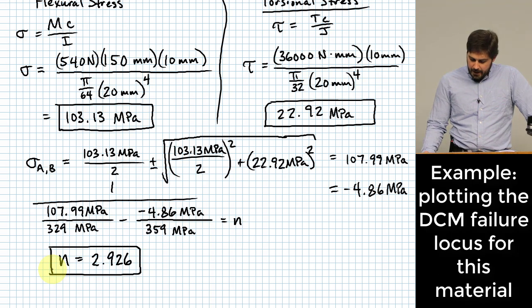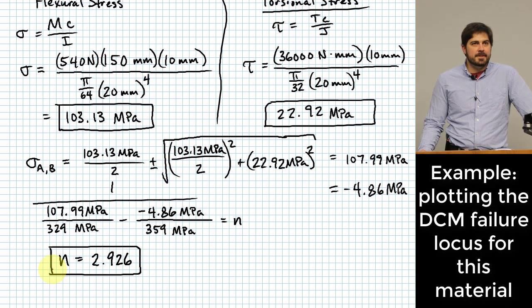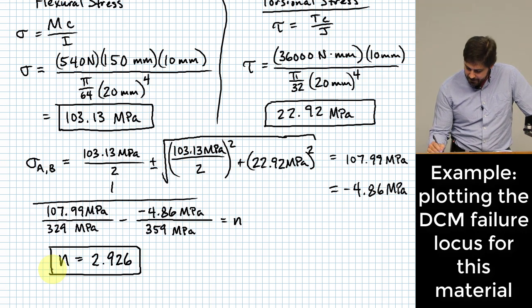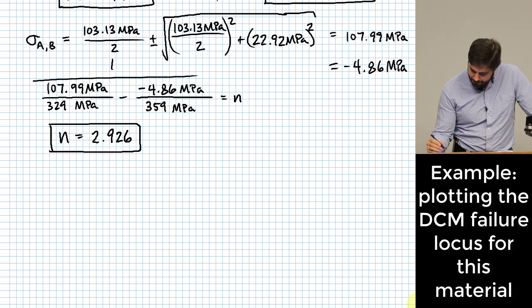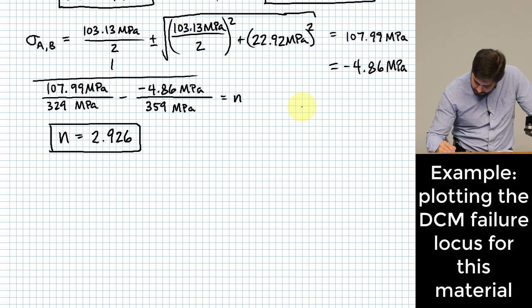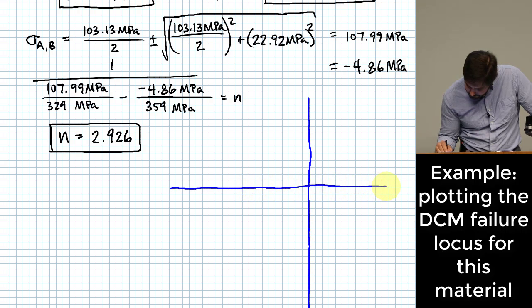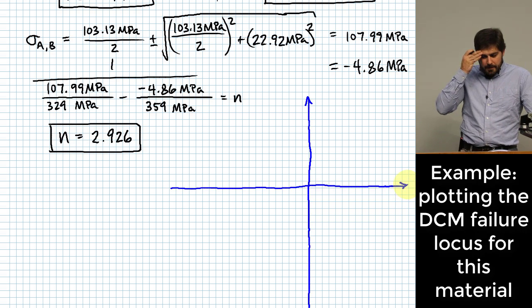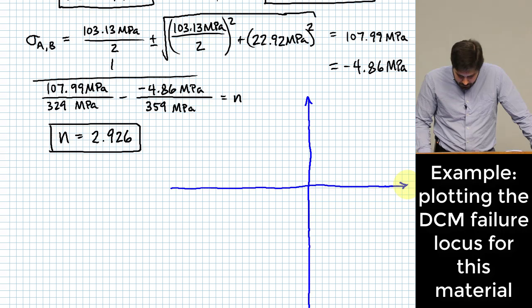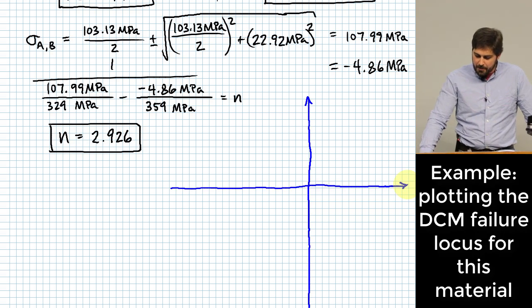All right, let's do one other thing. Let's plot the load line on the set of axes for the failure criterion. I'll do it by hand in this particular one. Trying to think of how big to make my squares here.